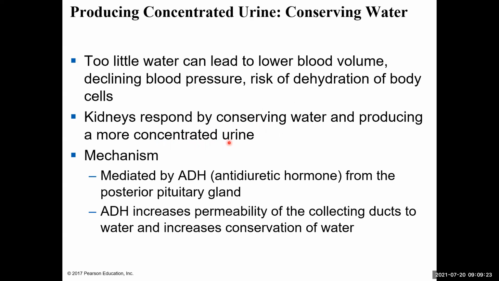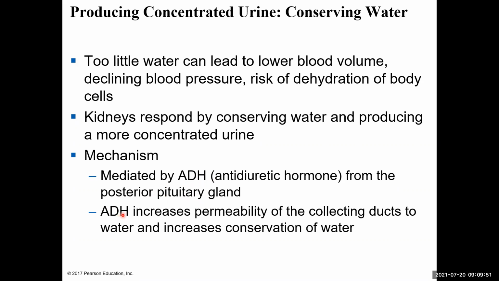And the way this happens is the pituitary gland will detect that the water volume in the body is very low, and so we need to conserve our water. And so it will release antidiuretic hormone, or ADH. The body will release it from the pituitary gland.